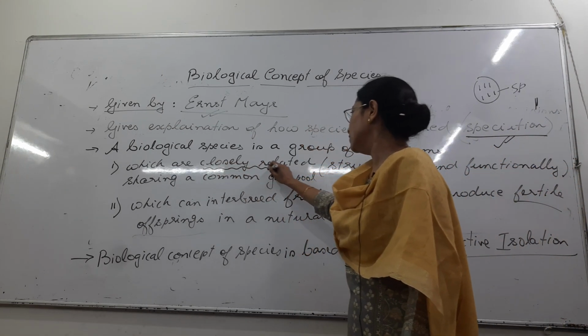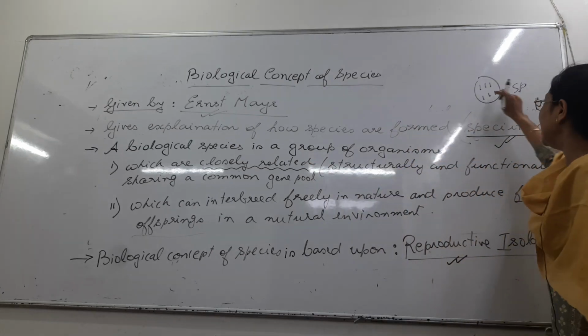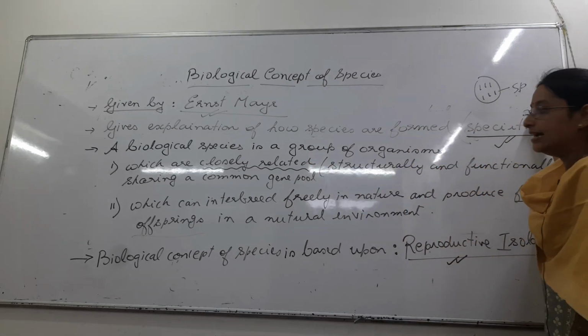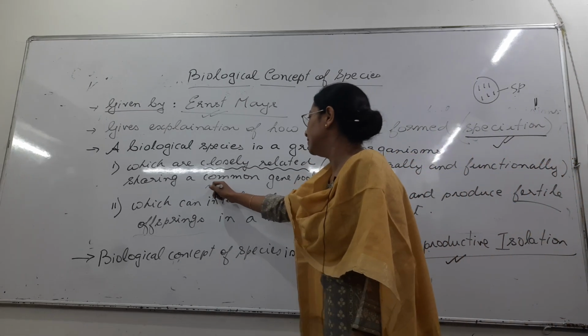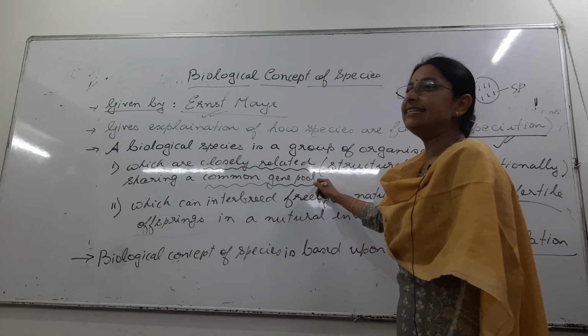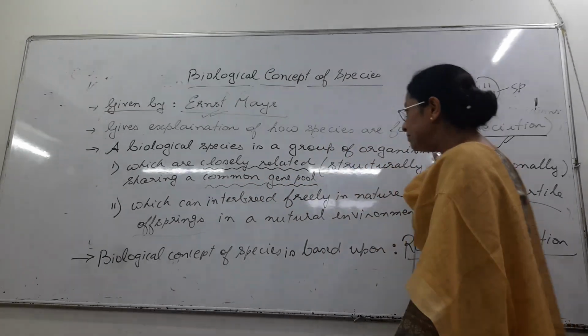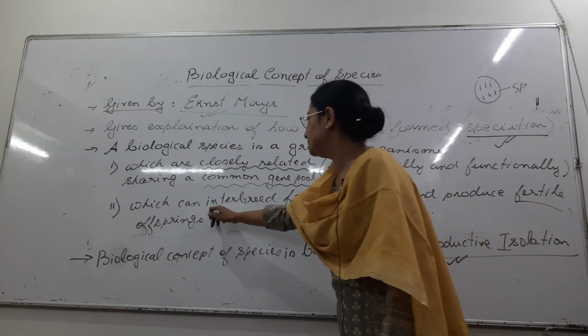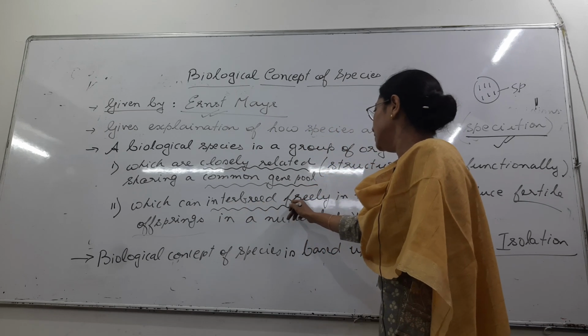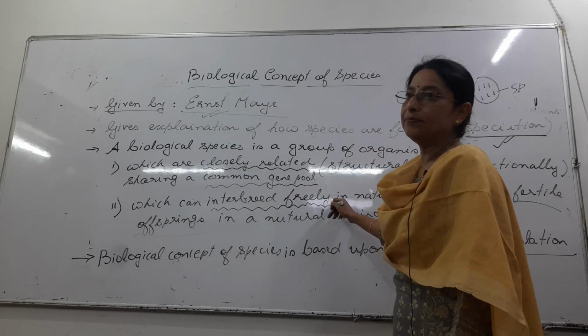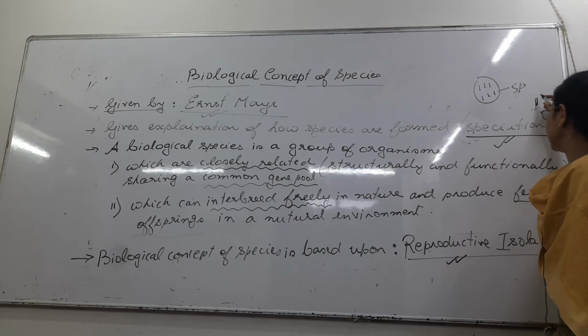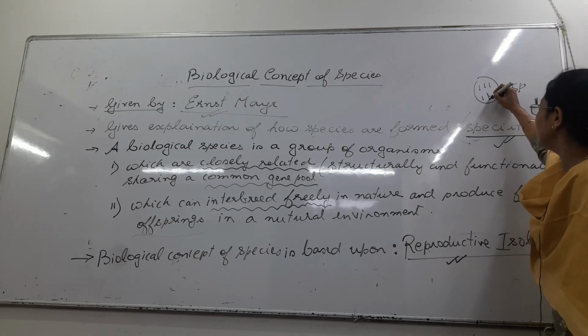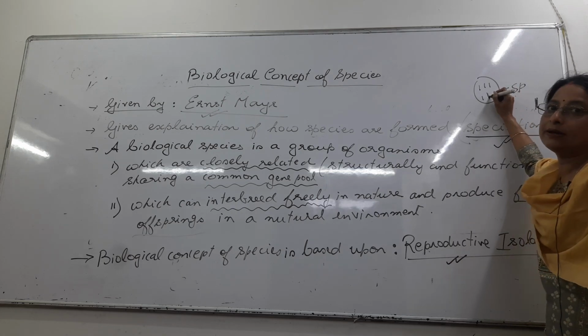They should be closely related. I mean, this one and this one should be closely related. They should have the same genetical makeup, and plus they should be interbreeding freely, right? Members of the same species should be able to reproduce with each other.